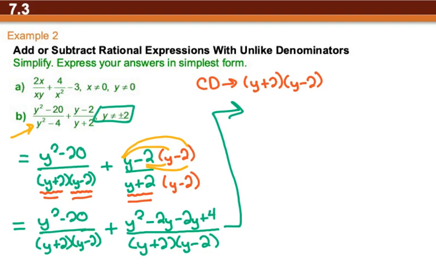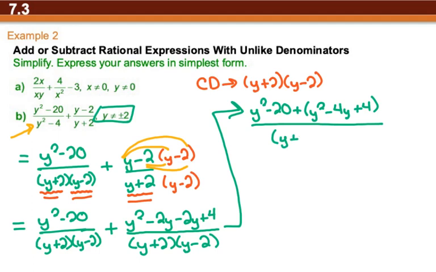At this point now, we can combine these into one fraction. So we have y squared minus 2y plus y squared. I'm going to take those minus 2y's, combine those like terms right now, all over y plus 2, y minus 2.